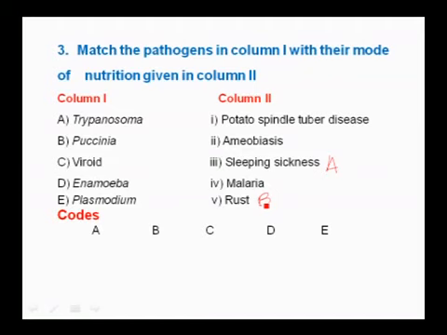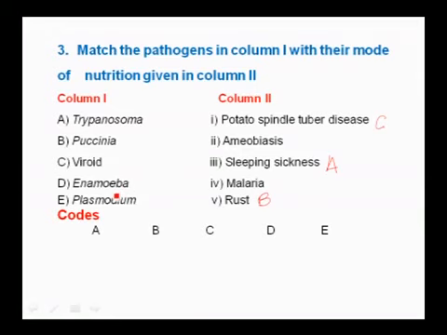Viroid is actually an infectious RNA, that is an RNA strand which has the capacity to cause disease. So here the disease caused by a viroid is potato spindle tuber disease. It is caused by the potato spindle tuber viroid. Then next is Entamoeba.